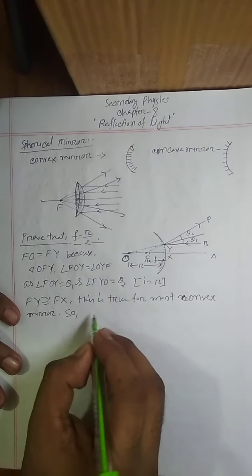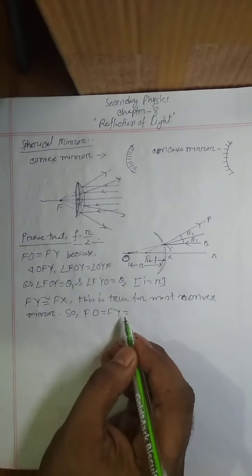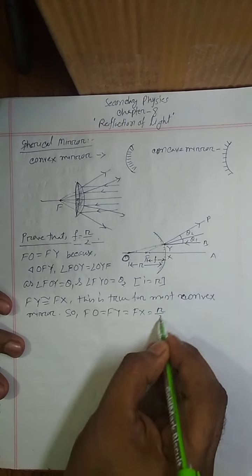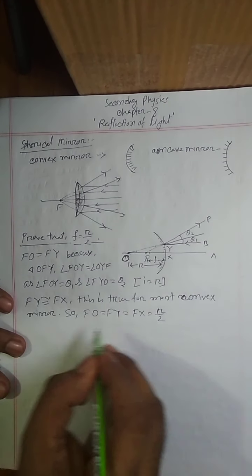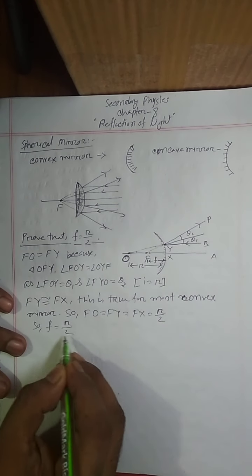So FO is equal to FY is equal to FX is equal to R by 2. So F is equal to R by 2, proved.